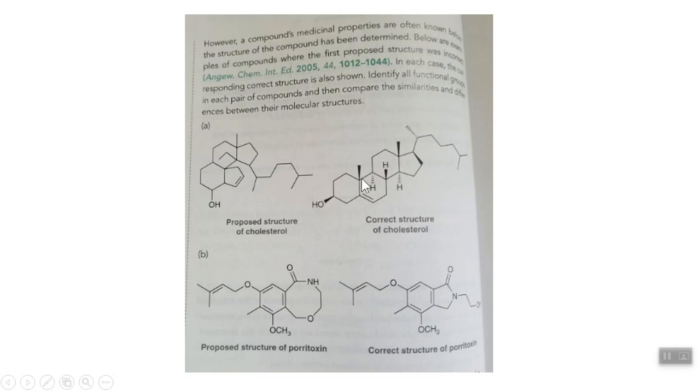Remember, these carbons are tetrahedral, and so they can't all be in the plane of the page. The dash over here, or bonded to the hydrogens, means that those atoms are going back behind the plane of the page.